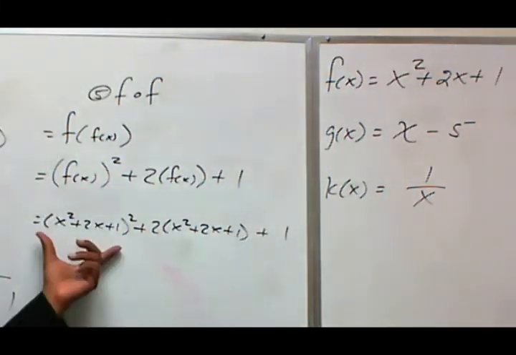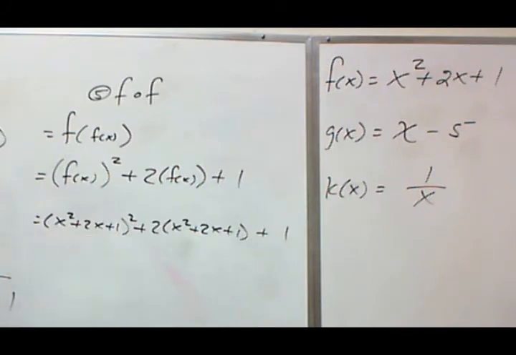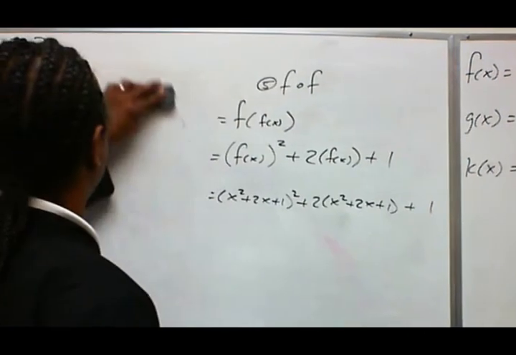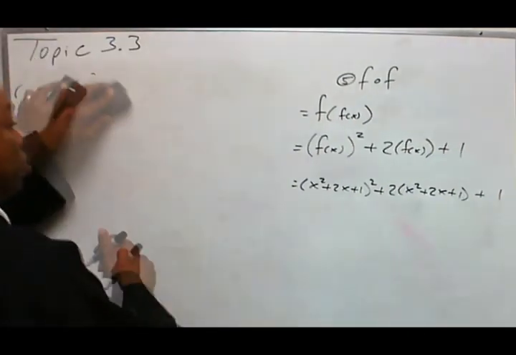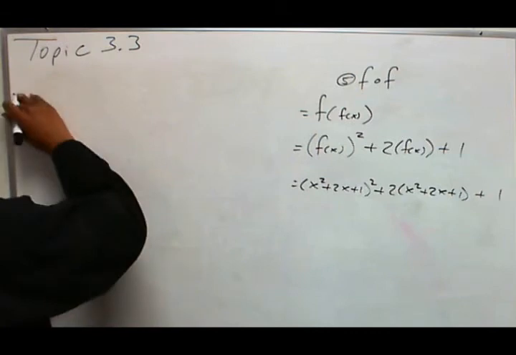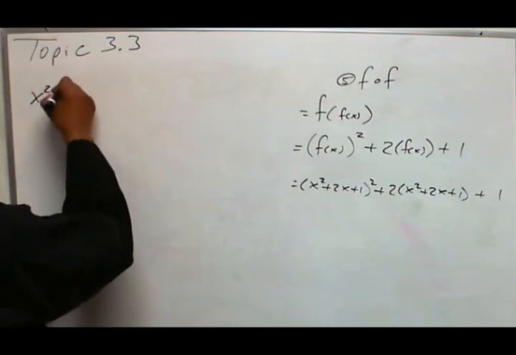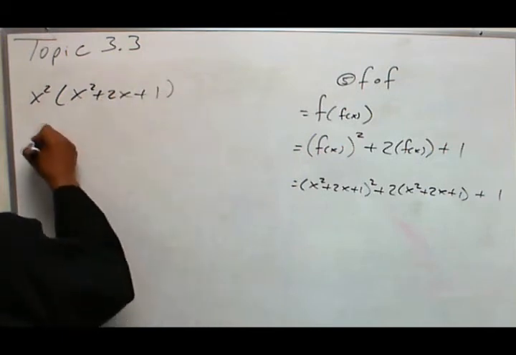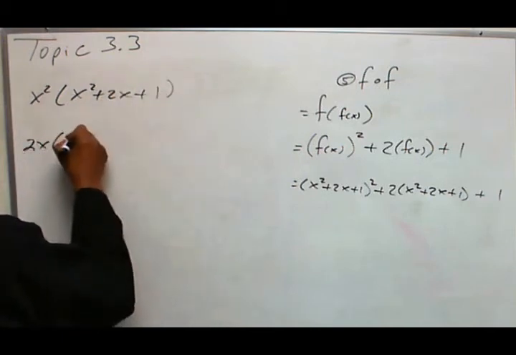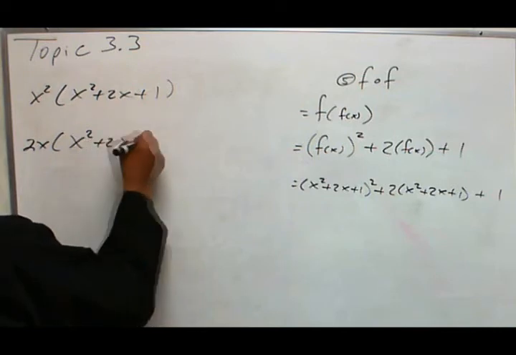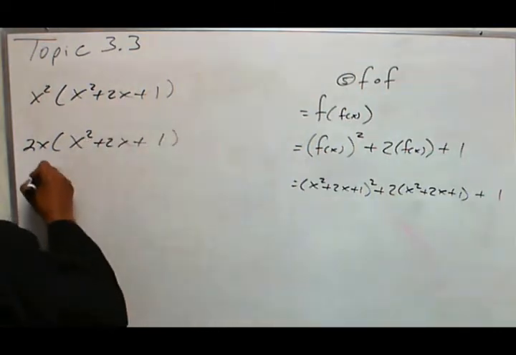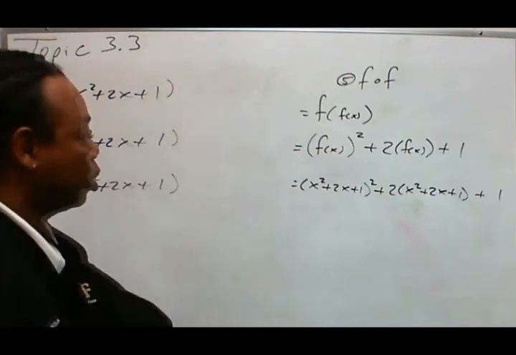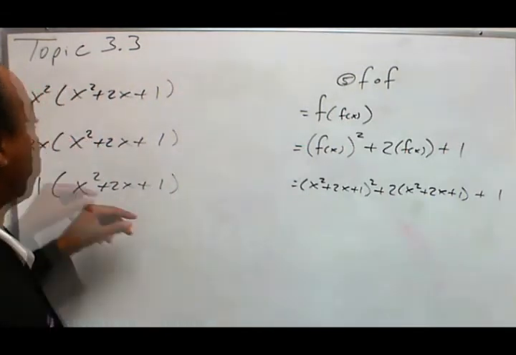Okay. Next, I need to do an expansion on this trinomial here. The expansion of the trinomial will be x squared times x squared plus 2x plus 1, then 2x times x squared plus 2x plus 1, and then 1 times x squared plus 2x plus 1, when I multiply this with itself.